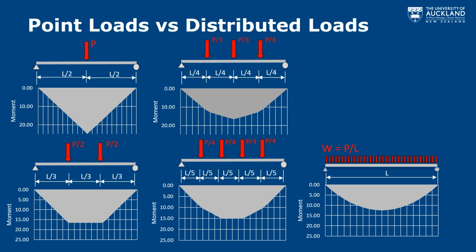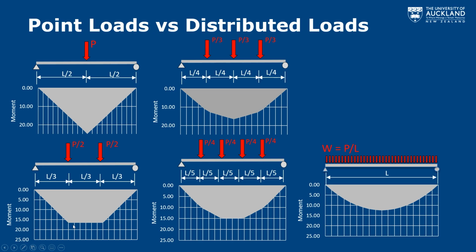It's a triangular moment distribution, and this is for a force of 10 kilonewtons and a length of 10 meters. For the 2 point loads, we've just divided that out by 2, and for the 3, we've divided that 10 kilonewtons out by 3. So it's the same total load, and we've just distributed it out more.